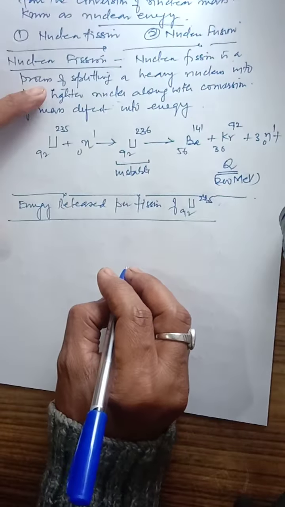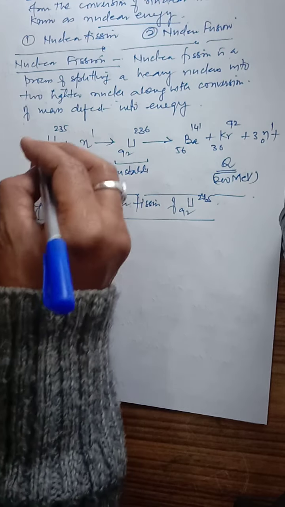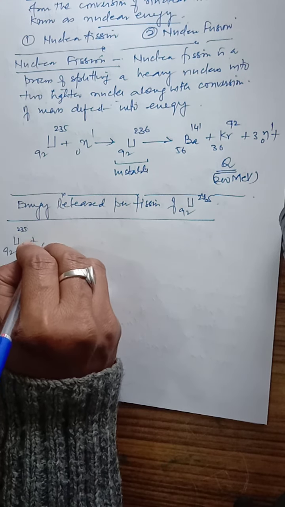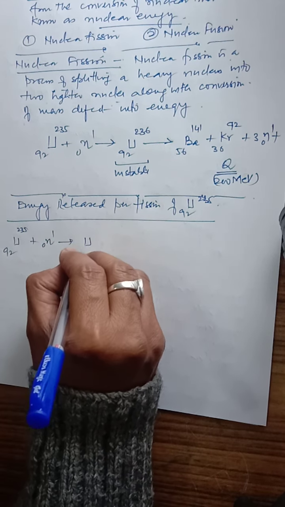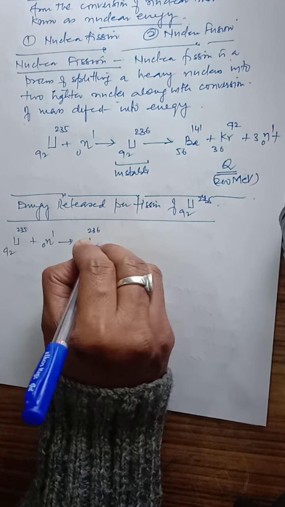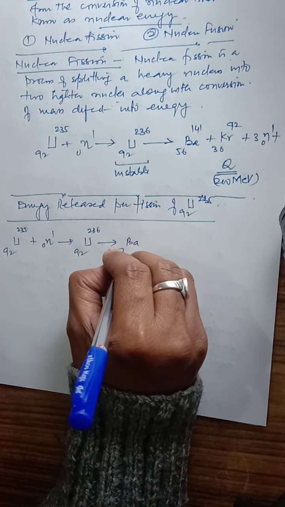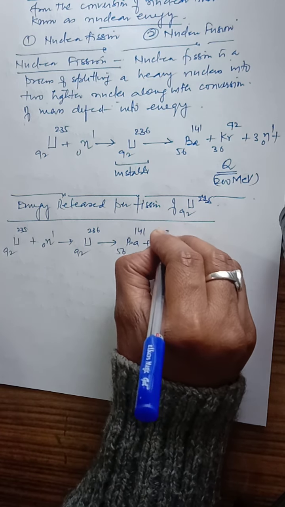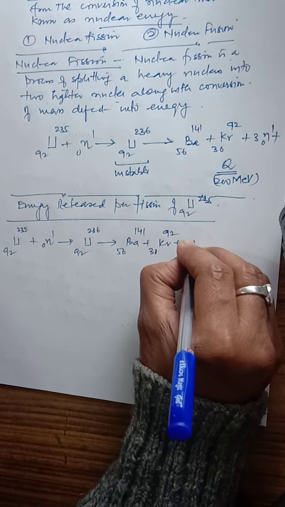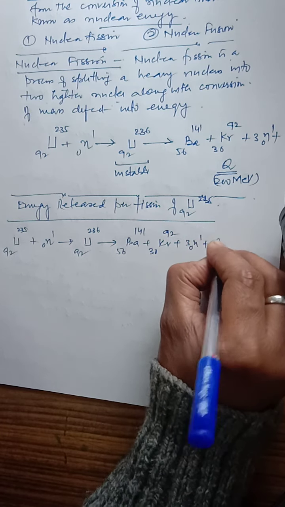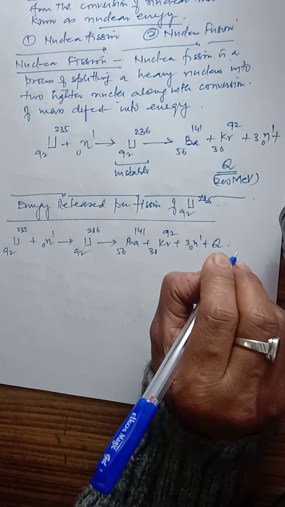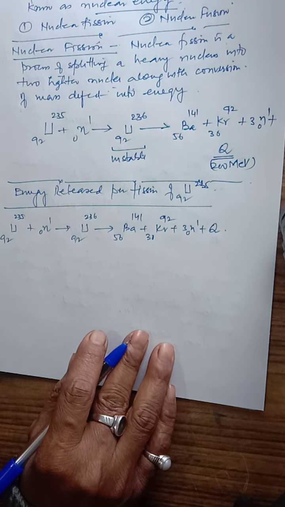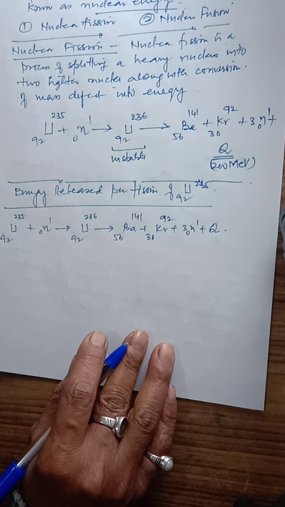As we have written in the earlier equation, I am writing once again: 92 235 plus 0 1 neutron gives you unstable 92 236, which gives you barium 56 141 plus krypton 36 92 plus 3 neutrons plus the amount of energy, that is Q. So we have to find out the energy released.